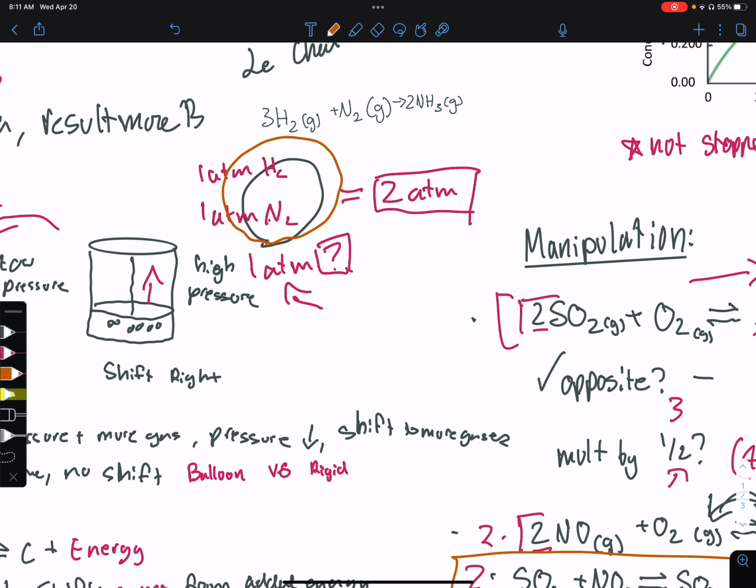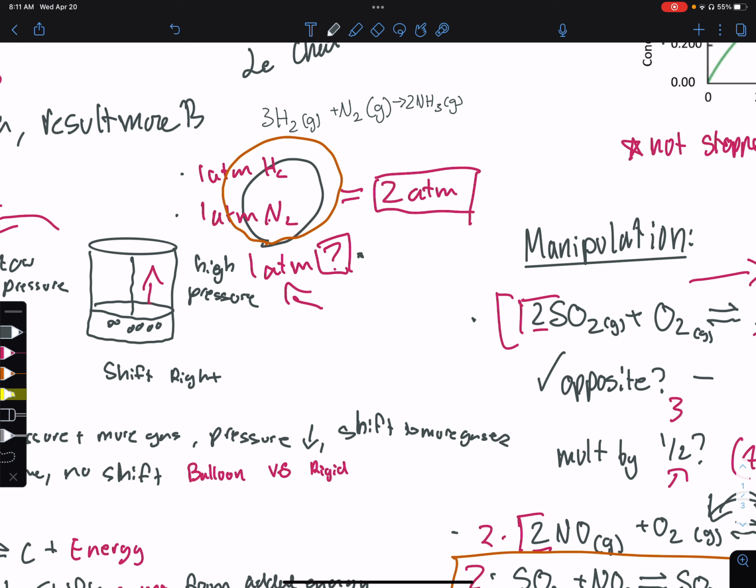This gives more space for molecules like H2 and N2 to run around. But with this increased space, there's also this third thing we didn't consider before also running around.